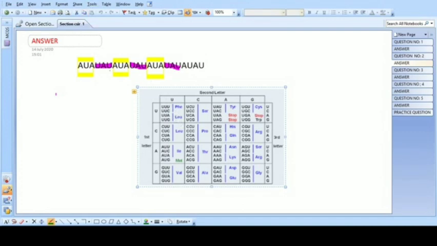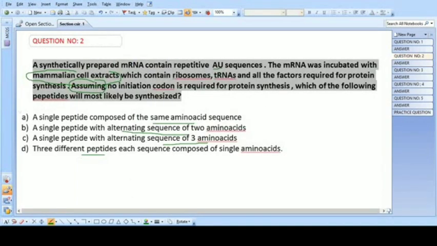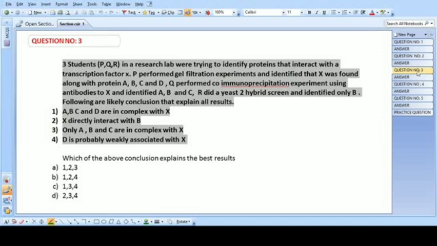And UAU codes for what? Tyrosine. So we have 2 amino acids which alternate. From the options we can conclude our answer is B, a single peptide with an alternating sequence of 2 amino acids. Our answer is B. Next we can go to question number 3.